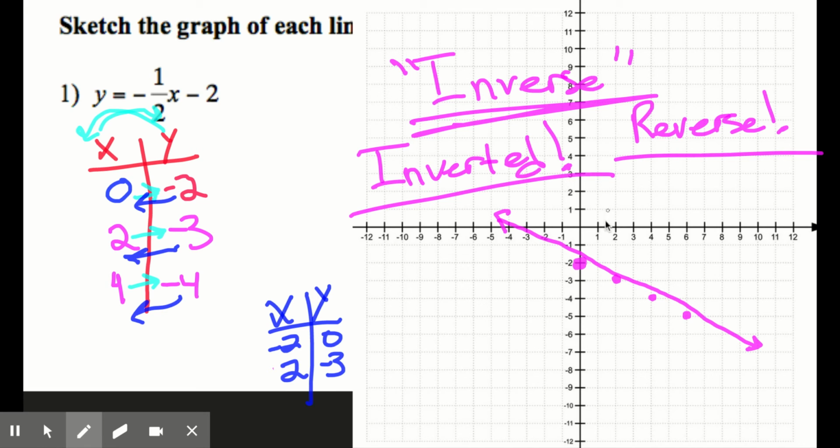So what does this look like? Negative 2, 0. 2, negative 3. Or sorry, I confused myself. I didn't even do it right here. Negative 3, 2.